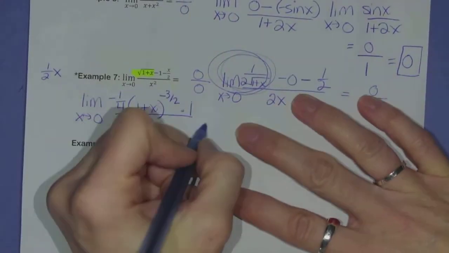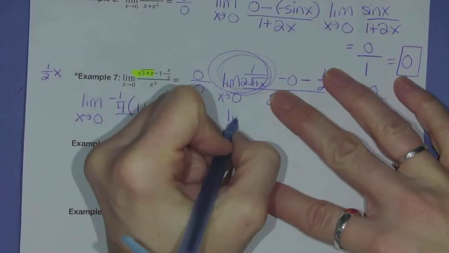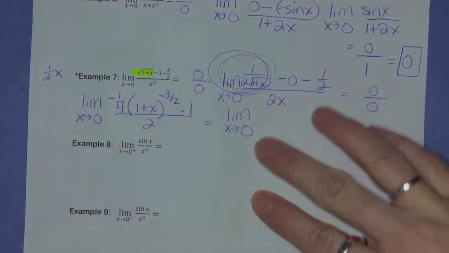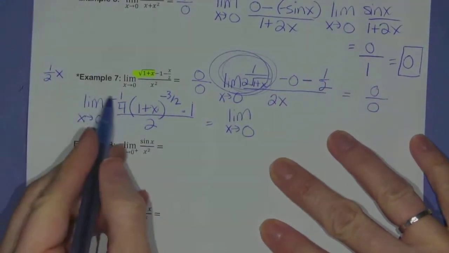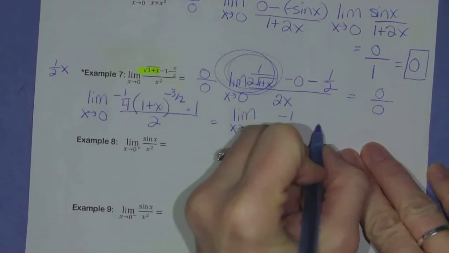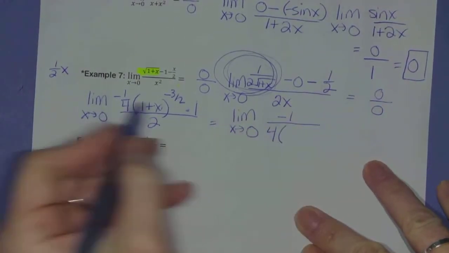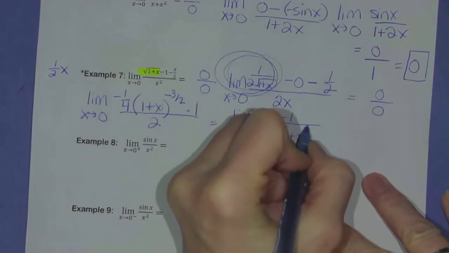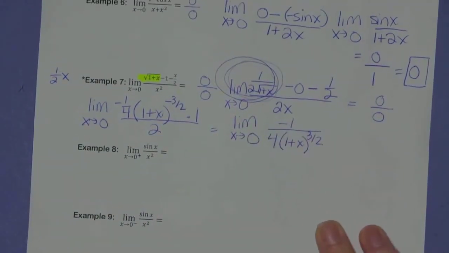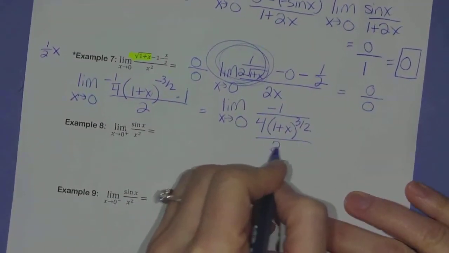So to clean it up, I'm going to have the limit as x approaches 0. I'm going to rewrite this as -1 all over 4 times 1 plus x to the +3 over 2, all over 2.